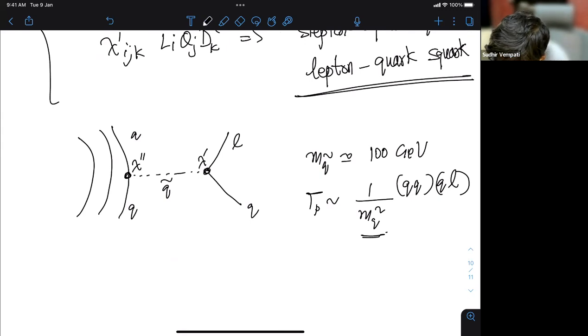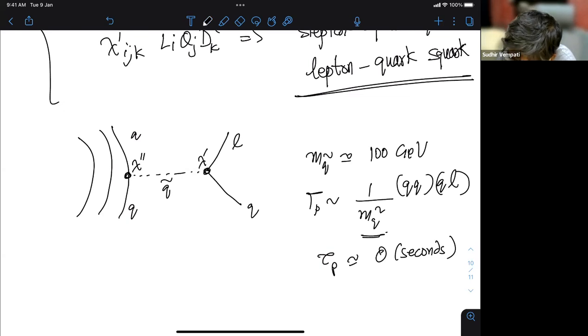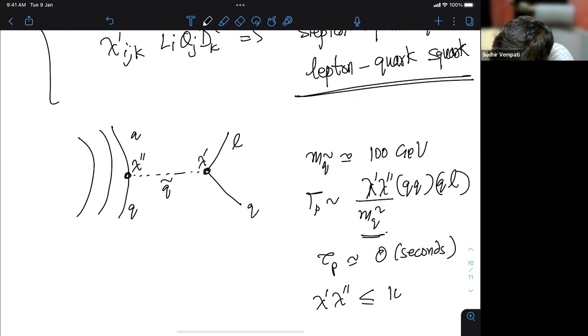So this gives me tau_p of the order of seconds, essentially. So if you want them to be, okay, here I had to put lambda prime, lambda double prime. So this has to be 10 power 33 years. This product, lambda prime, lambda double prime, should be of the order of 10 power minus 24.